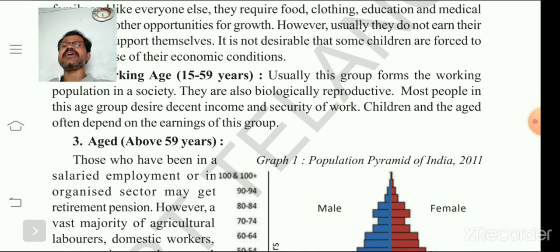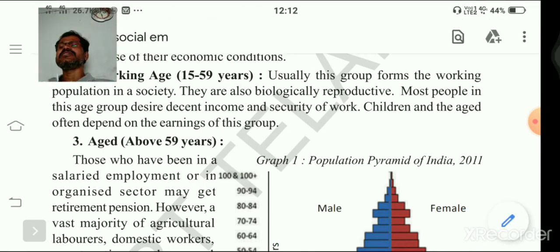Especially in this age group, we see people suffering with some health problems, like heart related problems, BP, sugar, like this some problems will come. So if these are much more in the population, then the government should create some hospitals and medicines required for this group of people.